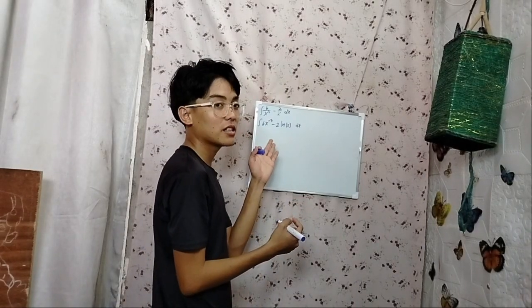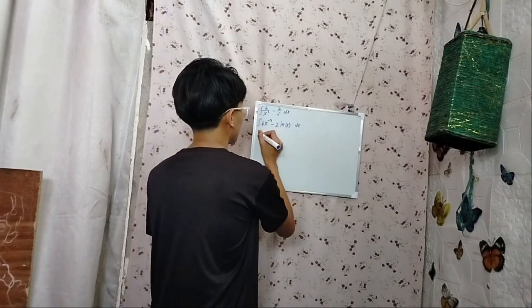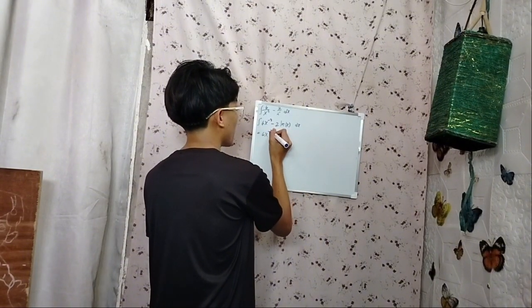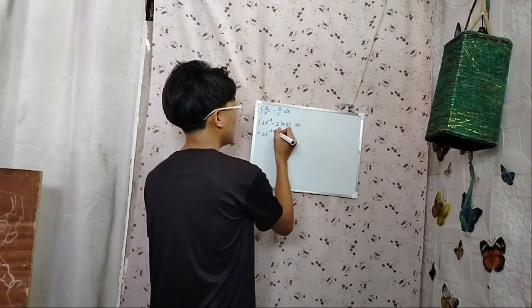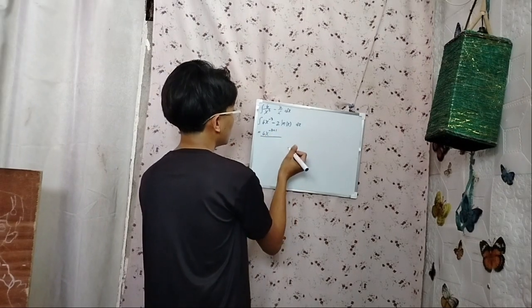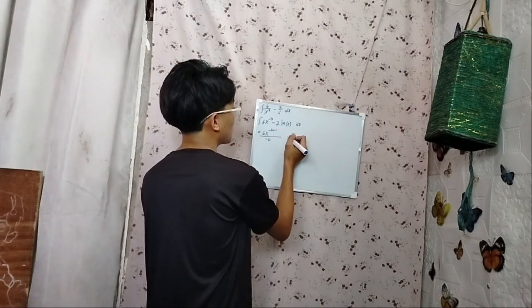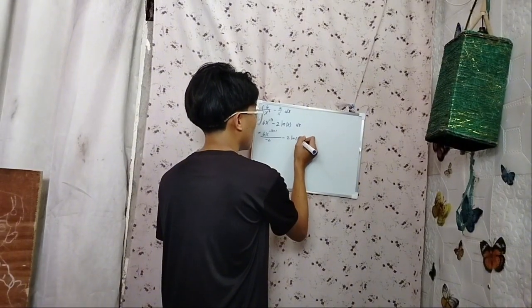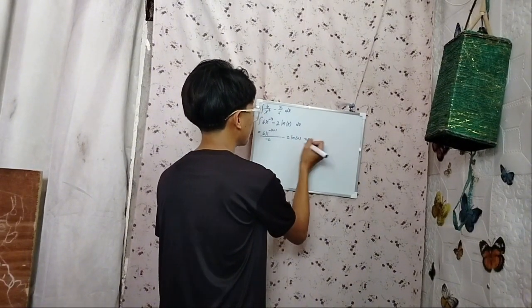So the first term, let's just apply the power rule. So 6x raised to negative 3 plus 1. Negative 3 plus 1 equals negative 2, minus 2 ln x plus c.